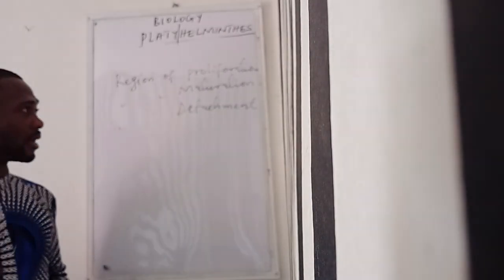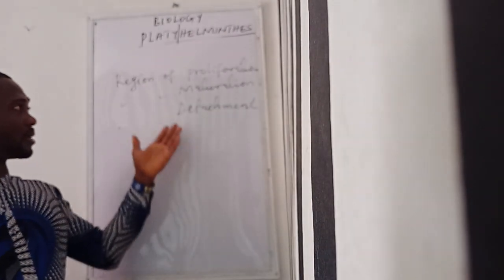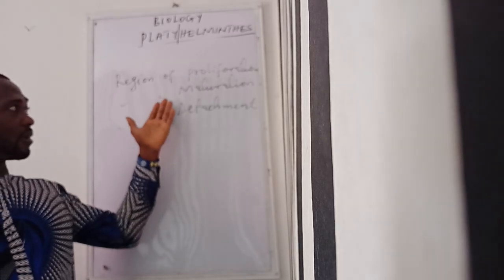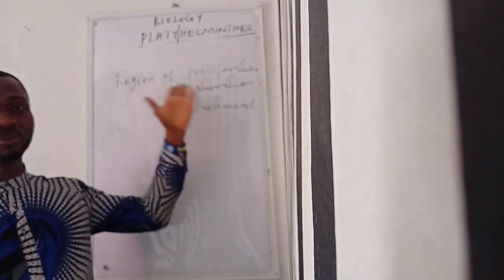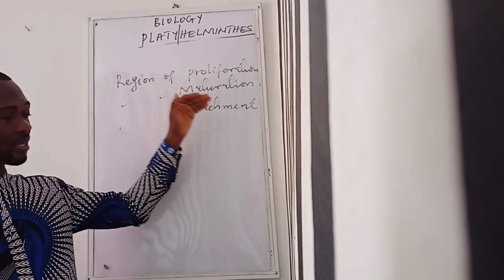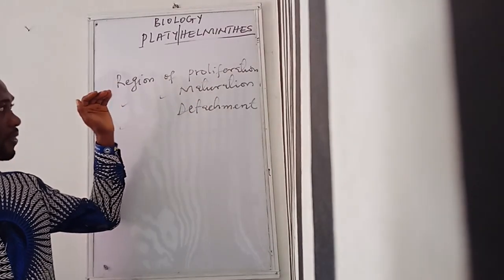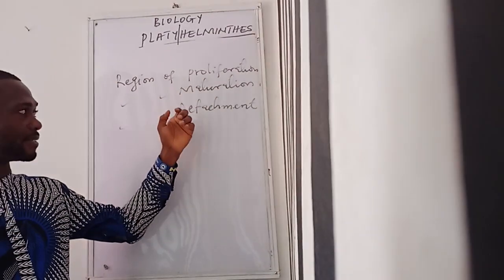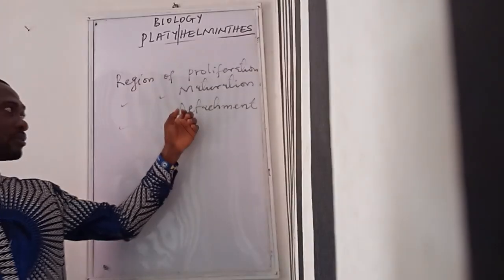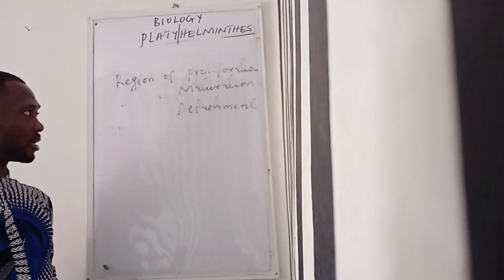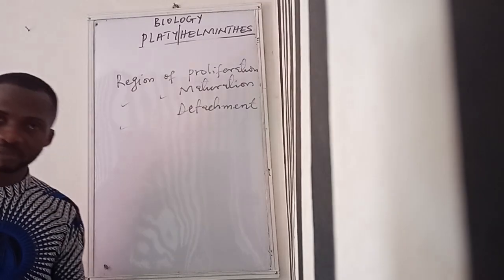Sexual reproduction occurs within this region, and of course once they are done producing the eggs, the eggs are usually stored in the uterus. Then this is the last region, and this region is called the region of detachment.